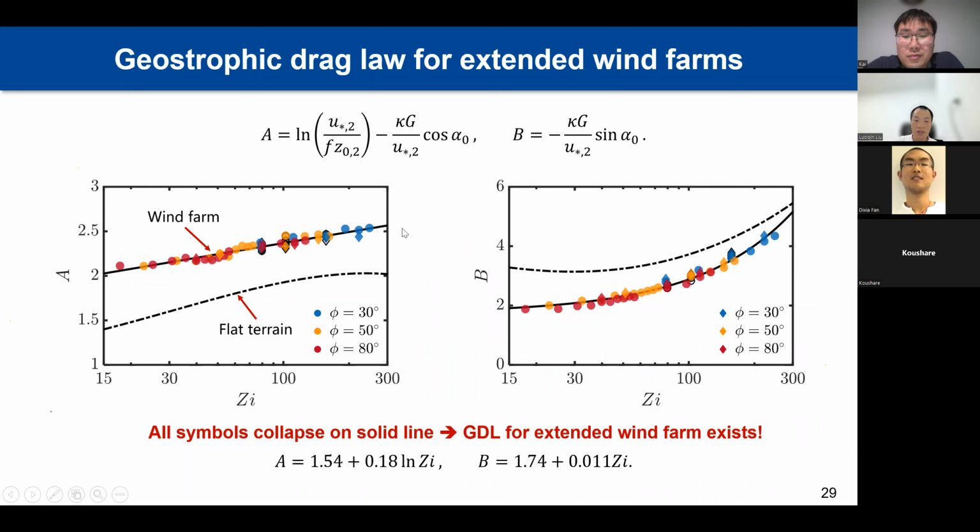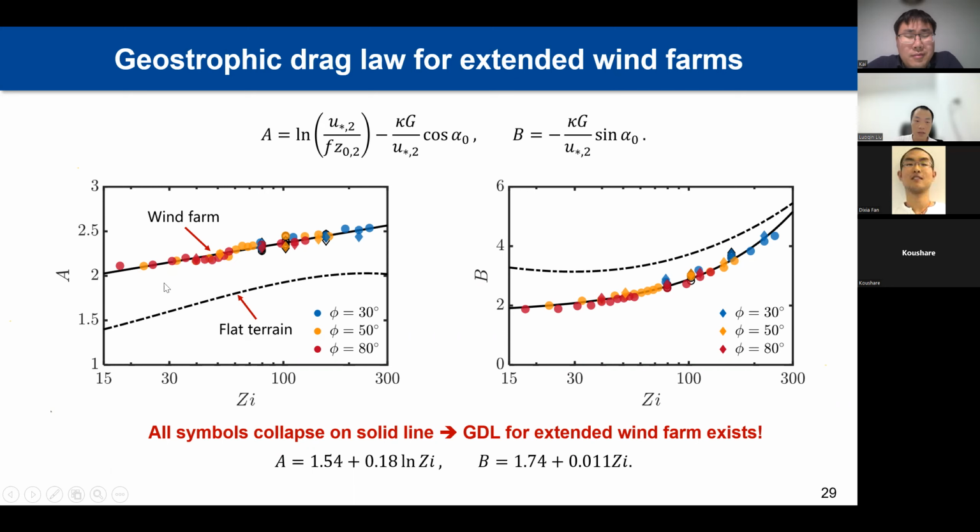That means that the geostrophic drag law for extended wind farms still exists. And the second is we notice that the dashed line is significantly different from the solid line.